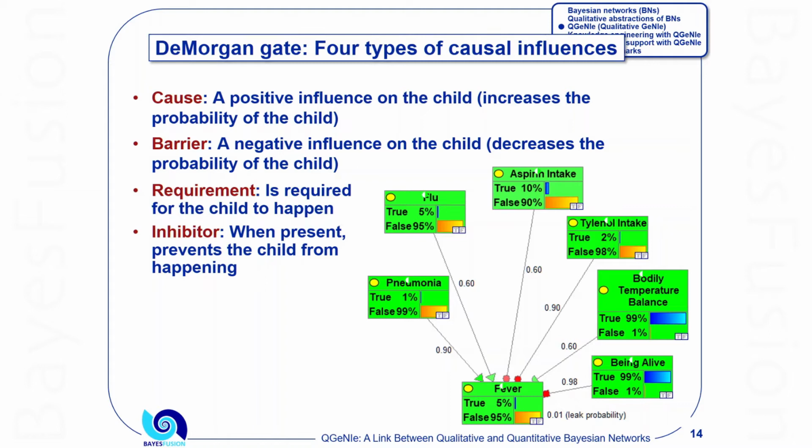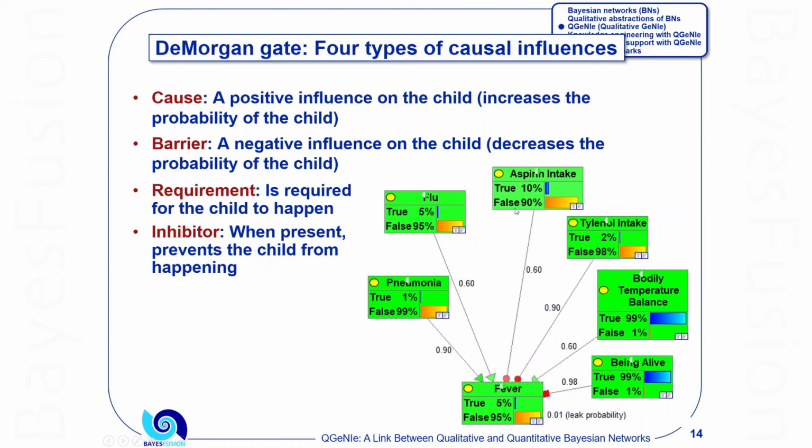Cause is like a regular cause in a noisy OR. The cause makes the effect more likely. Barrier makes the effect less likely, so it's a negated cause. Requirement is required for the effect to happen. If the requirement is false, the effect will not happen, regardless of all the other causes.